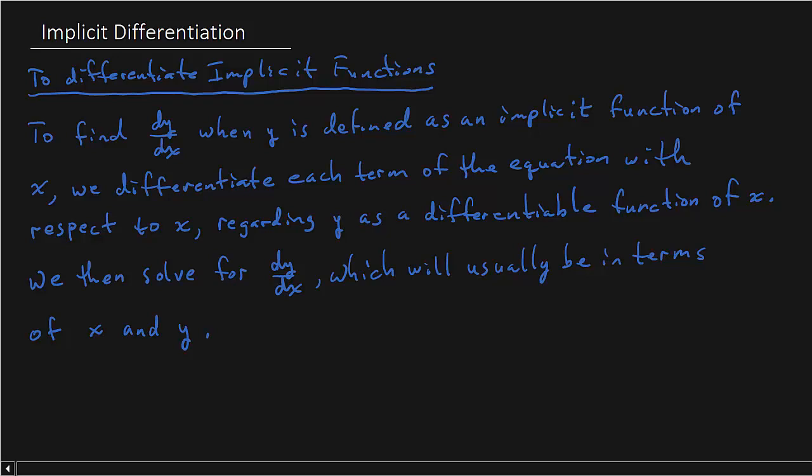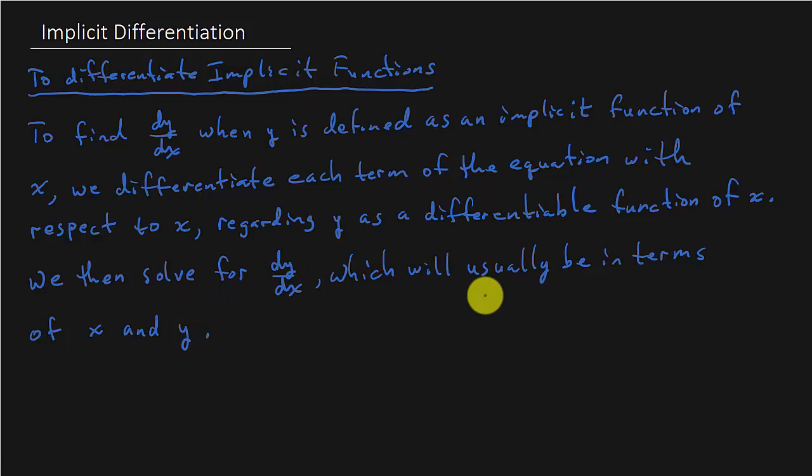To differentiate implicit functions, to find dy/dx when y is defined as an implicit function of x, we differentiate each term of the equation with respect to x, regarding y as a differentiable function of x. We then solve for dy/dx, and your answer is usually going to be in terms of x and y.